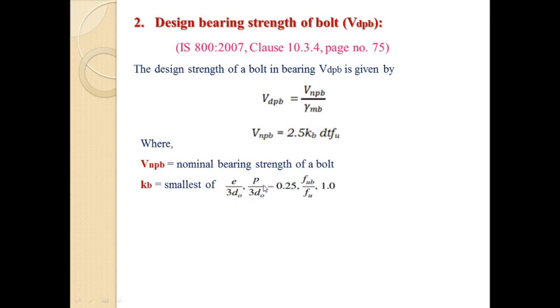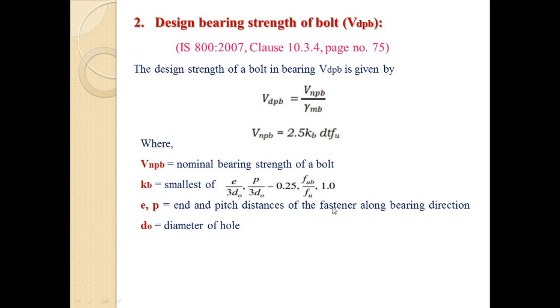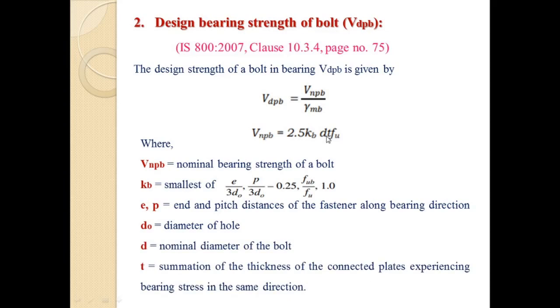So what are e and p? e and p are the end and pitch distances of the fastener along the bearing direction. d0 is the diameter of bolt hole, d is the nominal diameter of bolt, t is the thickness of the plate. Fub is the ultimate strength of bolt, and Fu is the ultimate strength of plate.